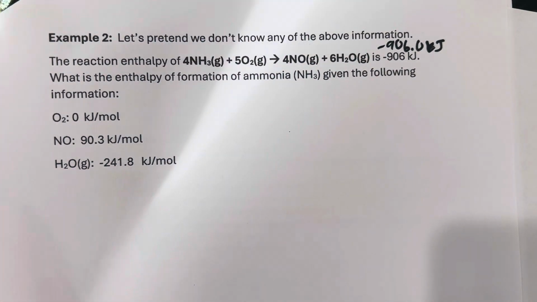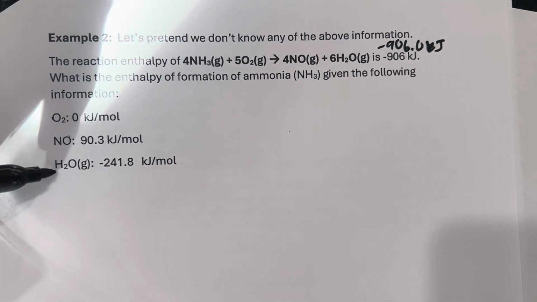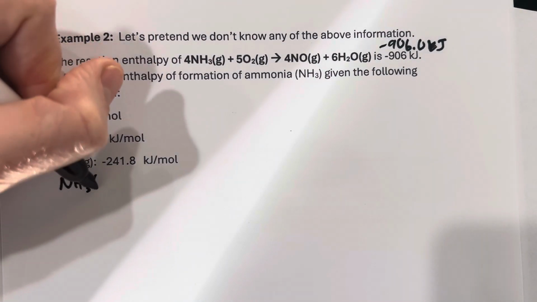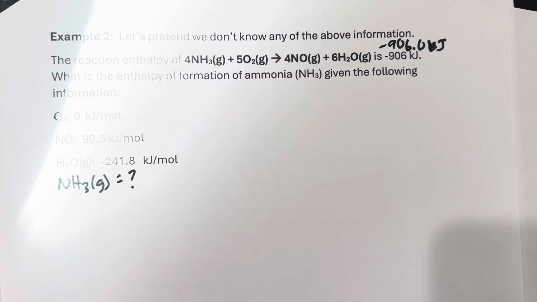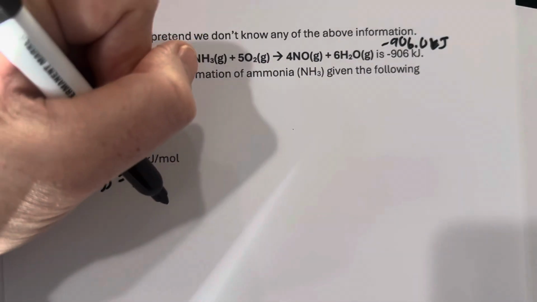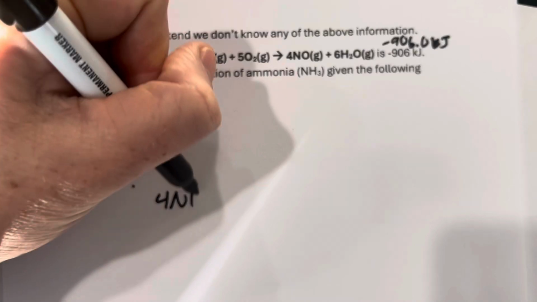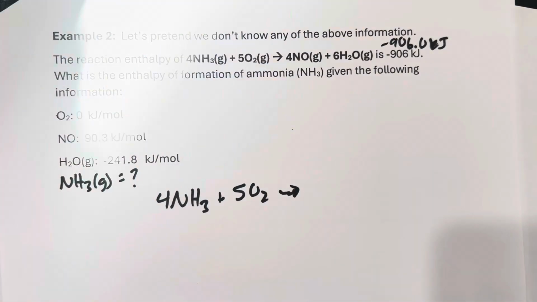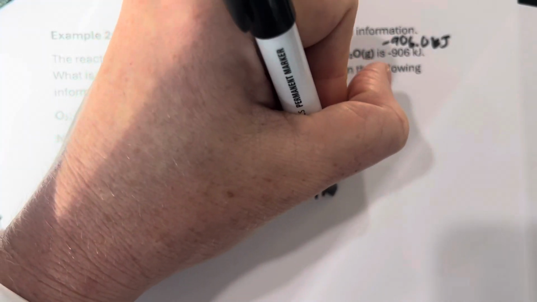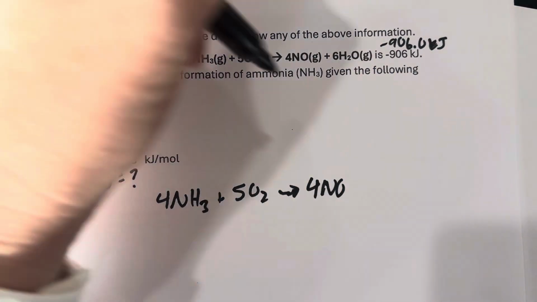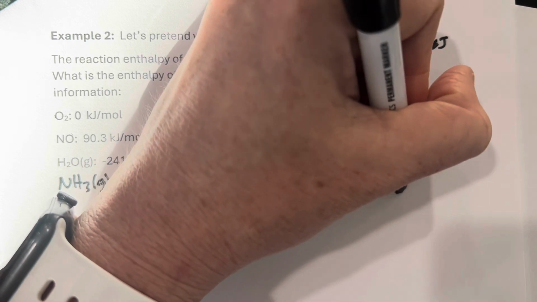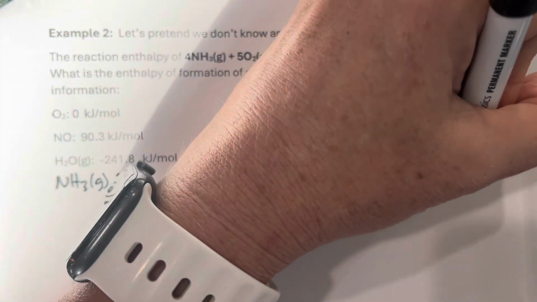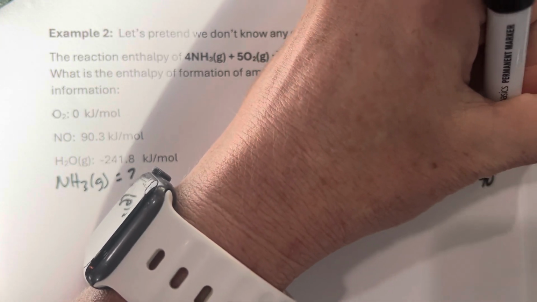So now it's saying, hey, you've got this, this, and this, but hey, what's NH3? Well, we know that 4 NH3 plus 5 O2 yields 4 NO plus 6 H2O. And we pay attention to the fact that that's gaseous because that gives us this number here. And we know that the delta H of that equals negative 906.0.